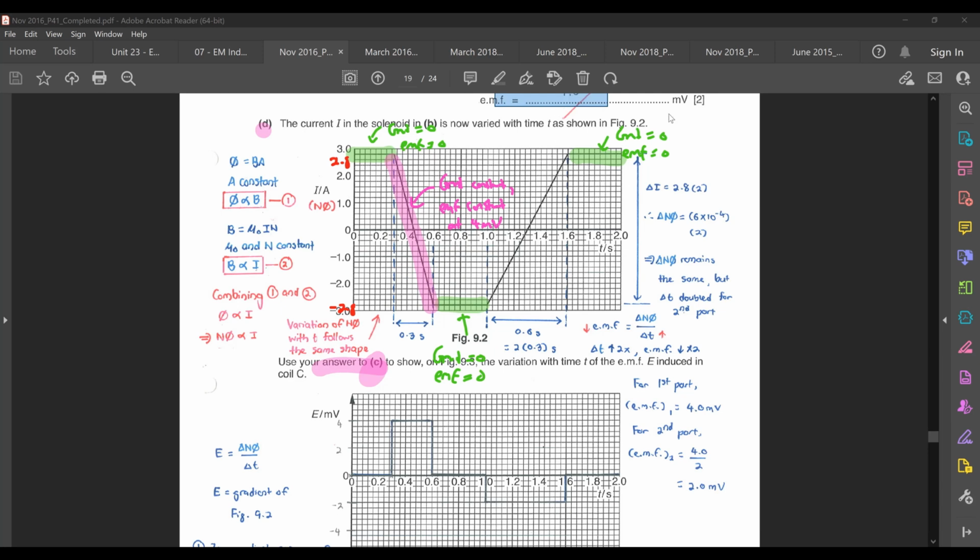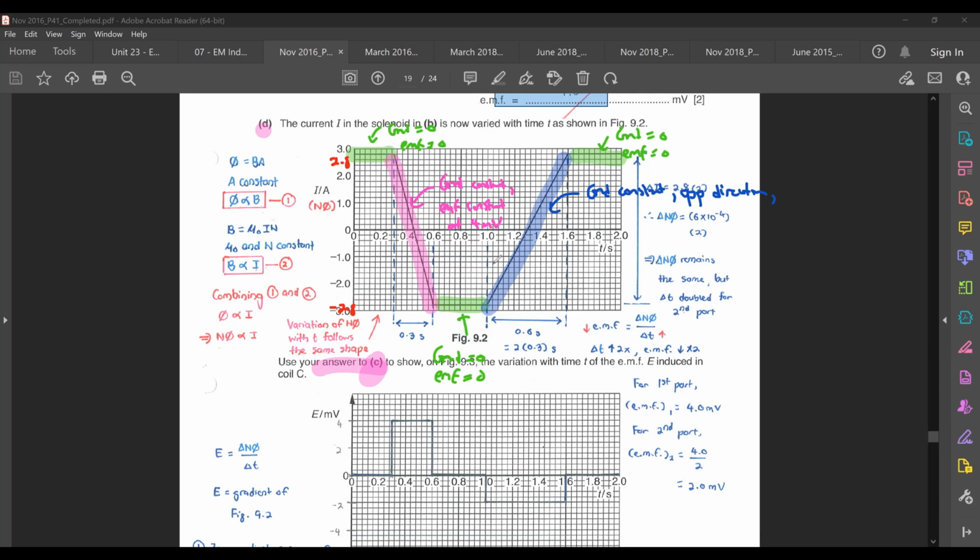Then how about the other part here in blue? You could say that your gradient is constant, is opposite direction, but can I say anything about the magnitude? Is it steeper or less steep?